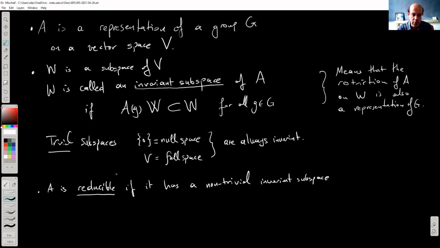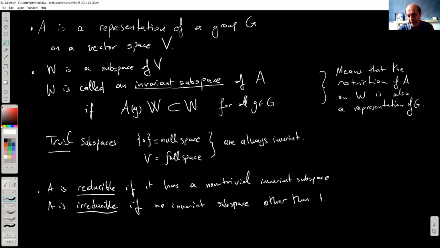So that's the definition. We call the representation reducible if it has a non-trivial invariant subspace. Let's also write it down like that. It is irreducible if there is no invariant subspace other than the trivial ones, other than 0 and V, okay?